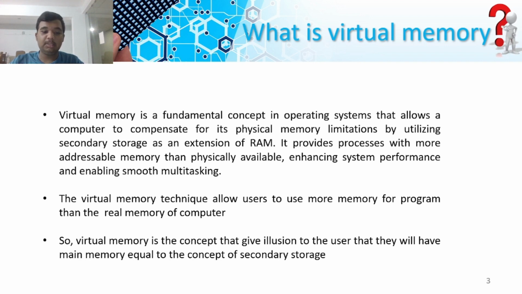The virtual memory technique allows users to use more memory for a program than the real memory of the computer. So, virtual memory is the concept that gives the illusion to the user that they have main memory equal to the size of secondary storage.